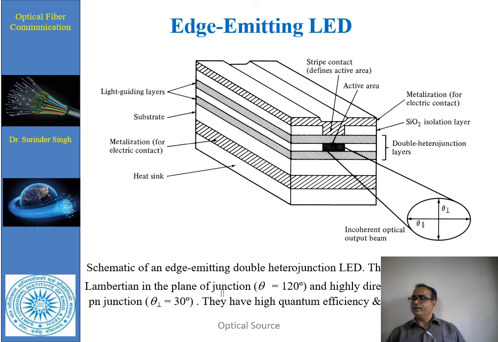Now the guiding layer has a refractive index which is lower than that of the active region, but these guiding layers have a high refractive index as compared to the surrounding layers or other materials.